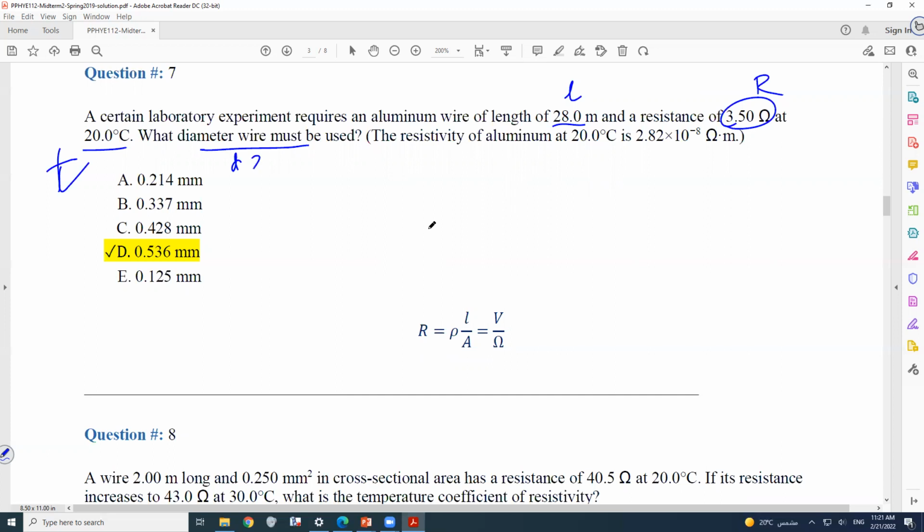So he's asking for the diameter, and the resistivity at that temperature is given. So this is the symbol for resistivity. He's asking for the diameter of the wire to have that much resistance. Resistivity is given. So you should remember this equation where the resistance and resistivity are related.